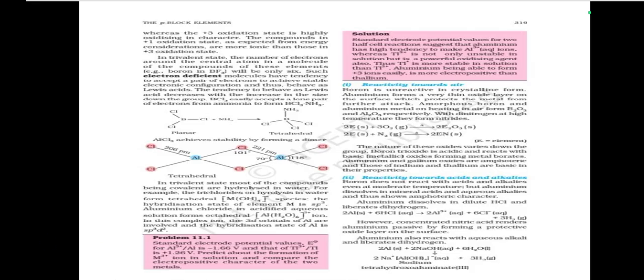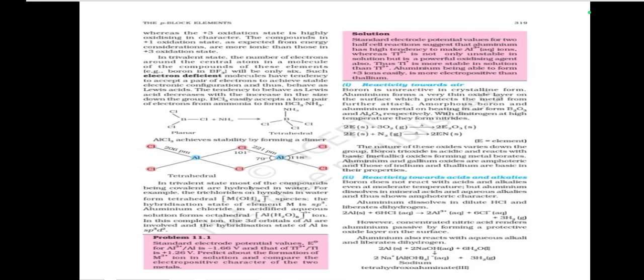In the trivalent state, the number of electrons around the central atom in a molecule of the compounds of these elements, for example boron in BF3, will be only 6. Such electron deficient molecules have a tendency to accept a pair of electrons to achieve a stable electronic configuration, and thus behave as Lewis acids.